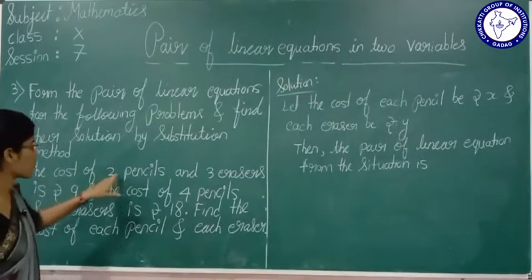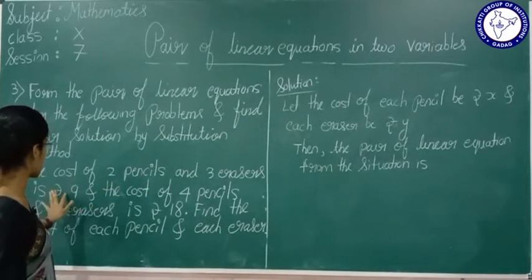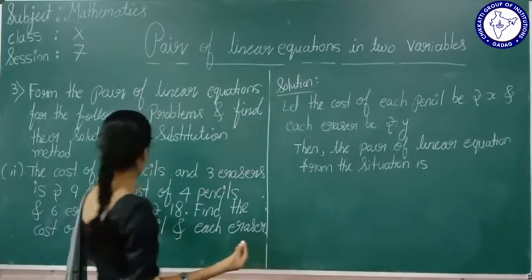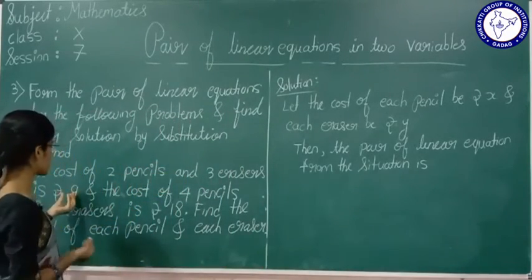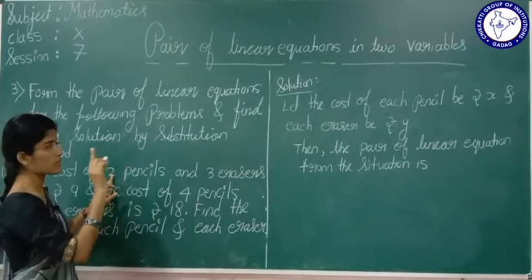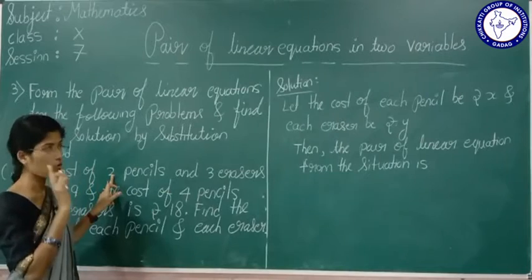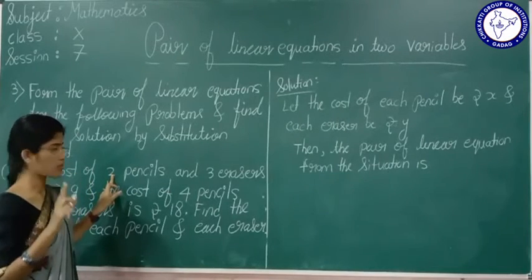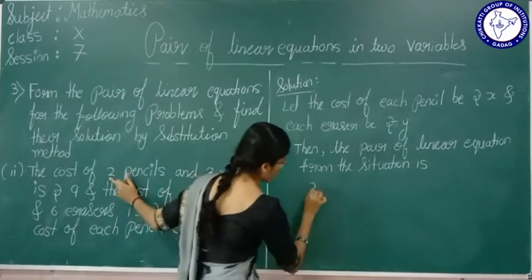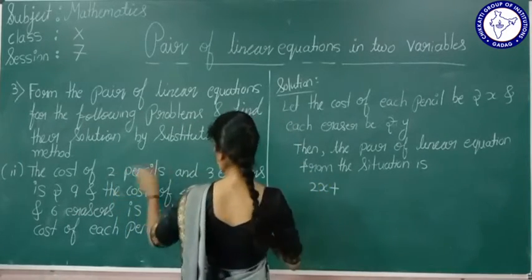Now we'll form the pair of linear equations. The cost of 2 pencils and 3 erasers is rupees 9. Means the cost of 2 pencils and 3 erasers in total they have given 9. We took the cost of each pencil as rupees x. For 1 pencil x rupees. For 2 pencils how much? 2x plus 3 erasers.